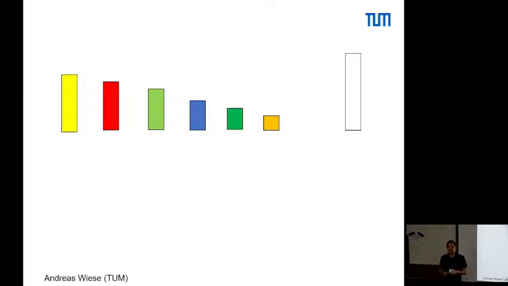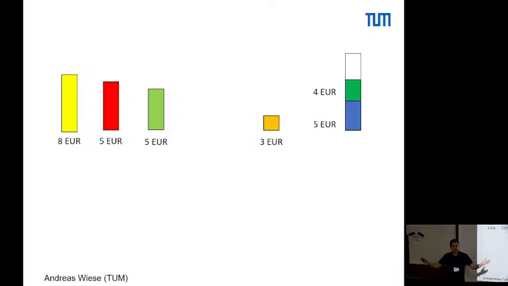Then every item has a certain profit associated to it that I put here in euros. Now what you want to do is select a subset of these items that together must fit into our container, so their total size must be at most the capacity of the container. And we want to maximize our total profit, which is 9 euros for this solution. But if we additionally take this orange item, we get a profit of 12 euros.